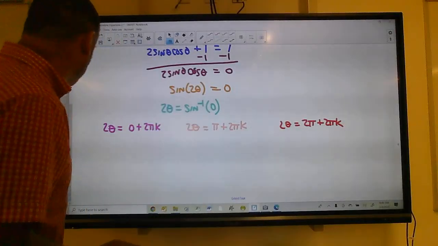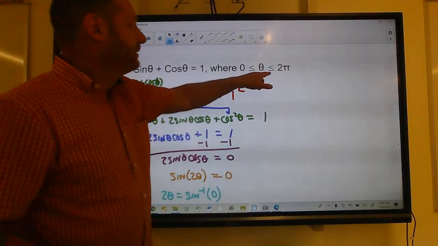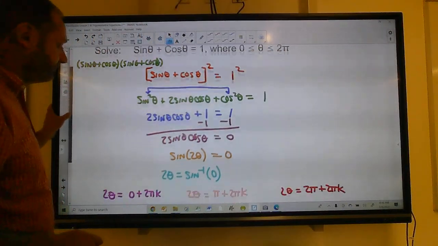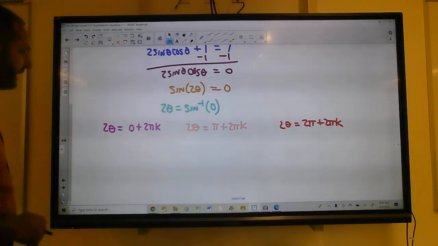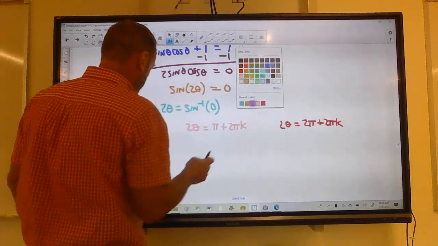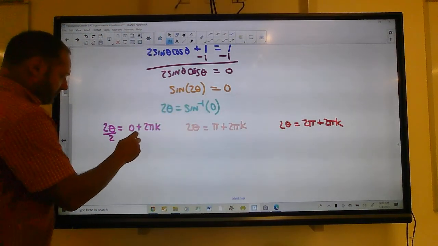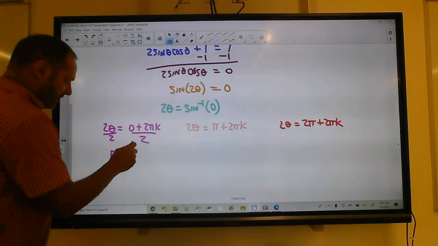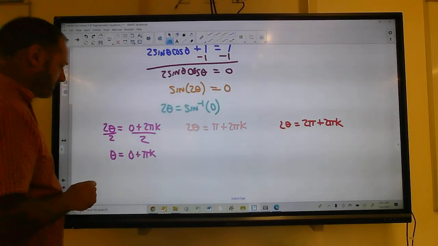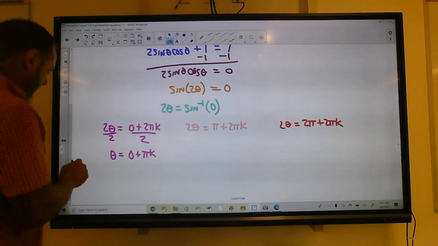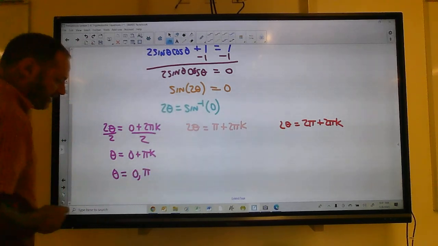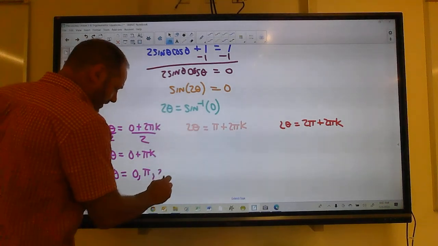Now the reason I threw the 2 pi on there is because this could have something to do with it since it's on the limit. So now I've got to solve each one of these. I divide by 2 on both sides. So theta is 0 plus pi k. And so out of this one, I'm going to get theta is going to be 0, pi, and 2 pi.